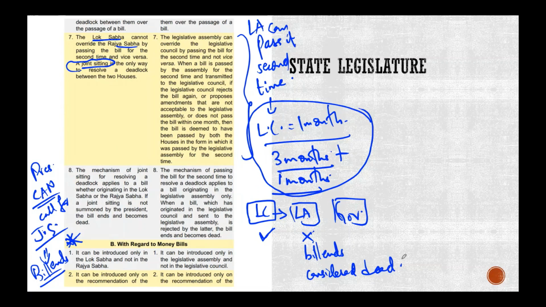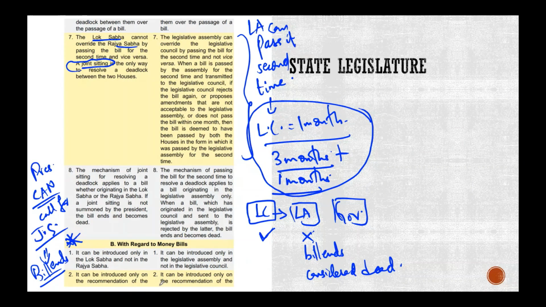If it's an ordinary bill, 1 year you can delay it. You cannot do anything more than that. Similarly, if it's a money bill, it is going to be 1 month. I hope that is clear. Similarly, the upper houses in many different countries will have different systems. Is this clear?